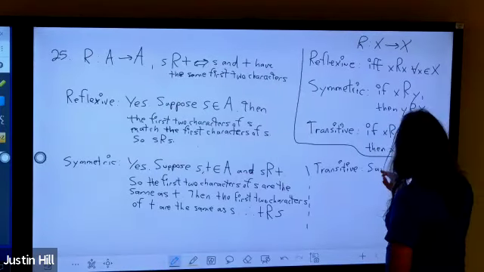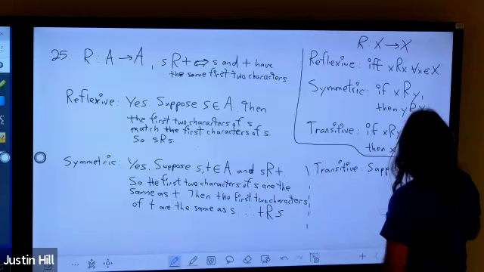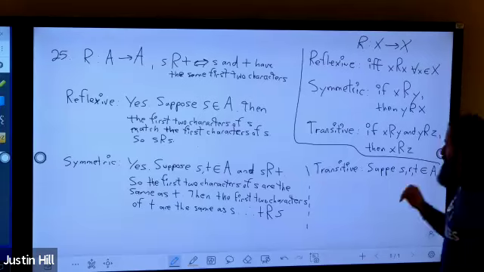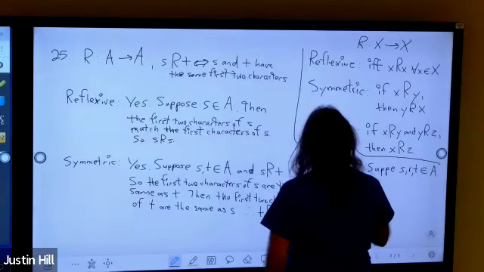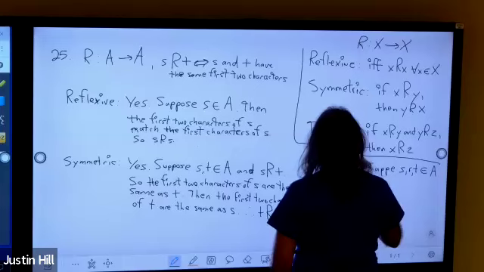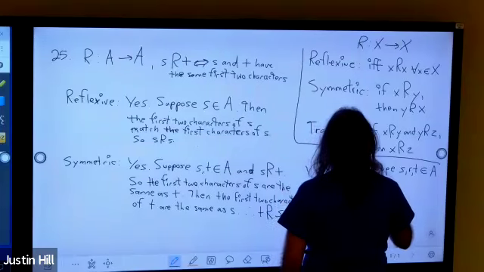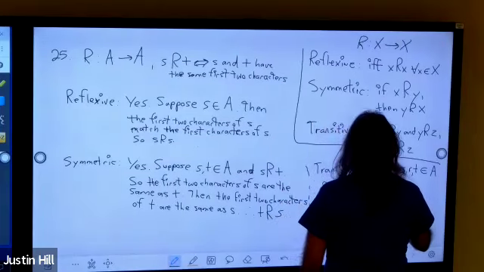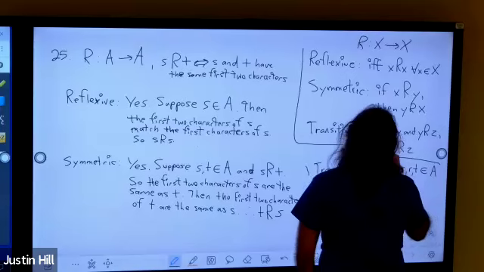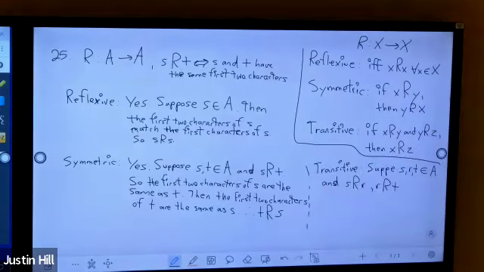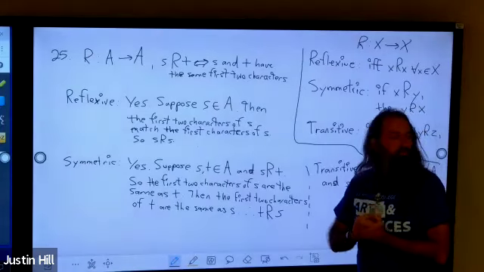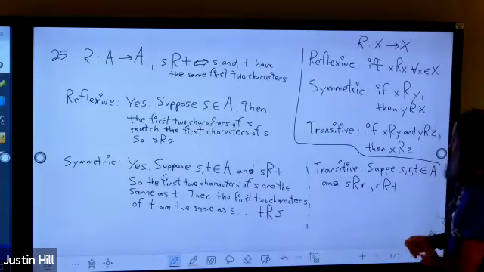Suppose S, R, and T are in A, and S is related to R is related to T. I'm not gonna have enough room to write this, so I'll verbalize the argument from here.